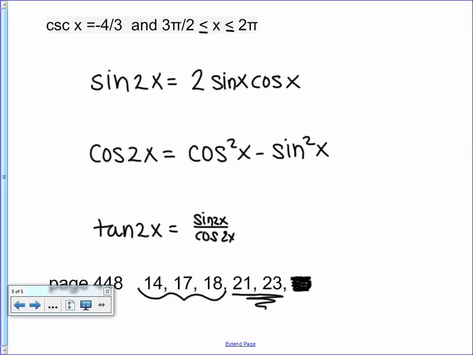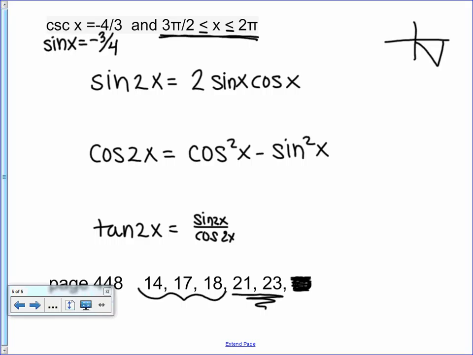But, okay, so first thing you're going to do is draw a picture in the 4th quadrant, right? Draw a picture in the 4th quadrant, which is down here. They're telling you that cosecant of x is -4/3. That's the reciprocal of -3/4.